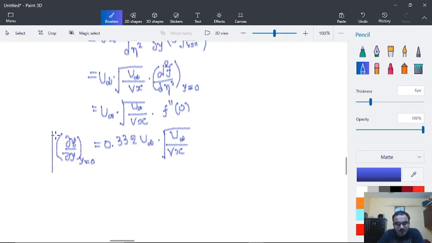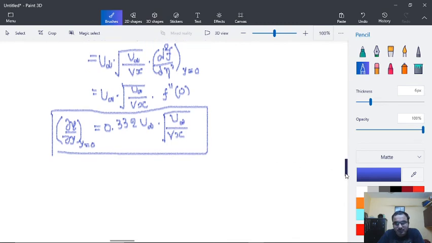So we have obtained this value, that is ∂u/∂y at y equal to 0.